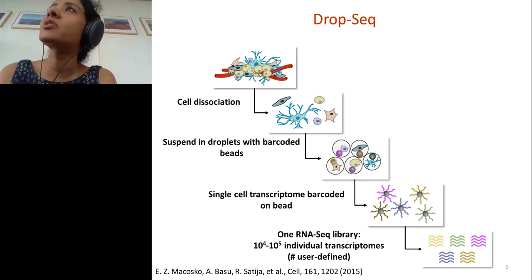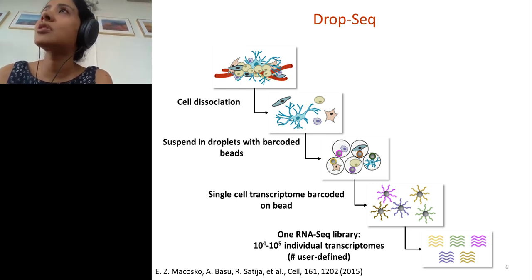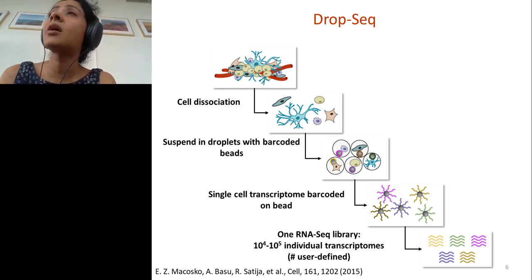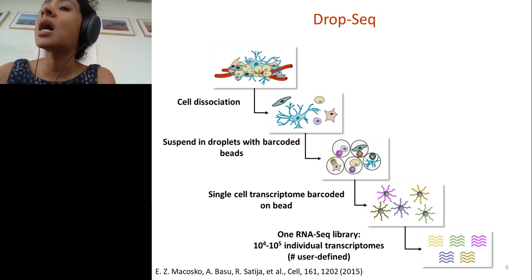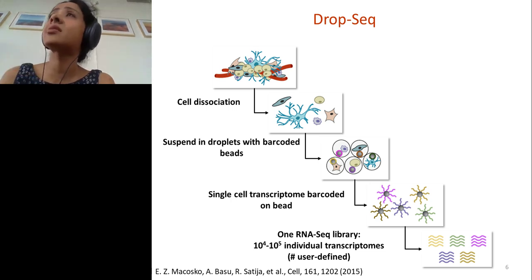We can then perform reverse transcription. This can be done both inside the droplets or outside the droplets, and there are different techniques that do either. Once the reverse transcription happens, the RNA gets converted into stable cDNA, which is complementary DNA that has the DNA barcode attached to it.